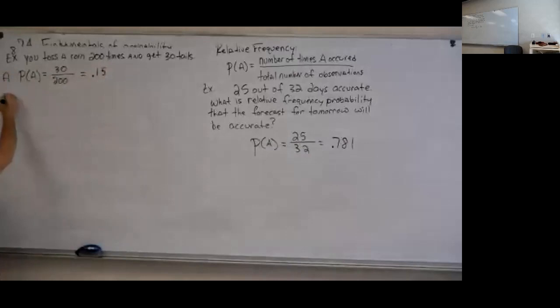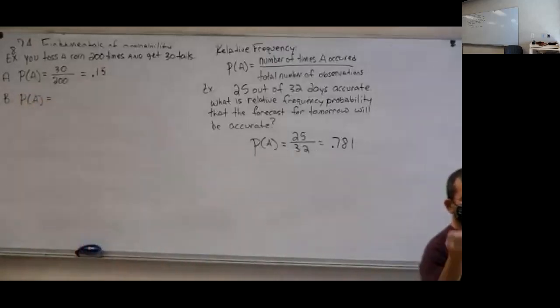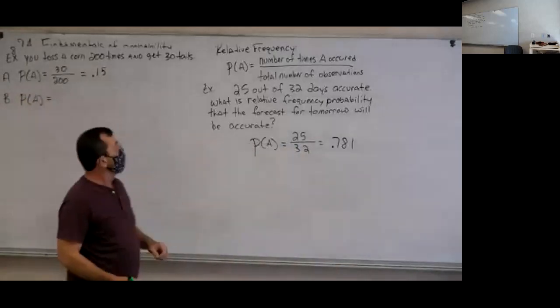Part B, determine the expected frequency. Well, if I took a coin and tossed it 200 times, I would pretty much expect to get 100 of each, wouldn't you? 100 tails or 100 heads, right? Because you've got an equal chance of getting either one.